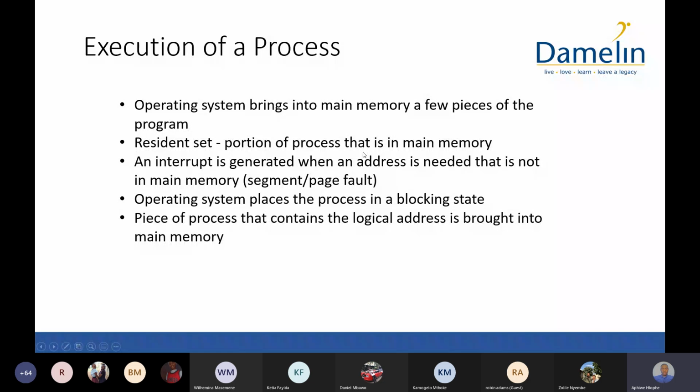what I'm saying here is that the operating system, they say the first thing that happens, brings into main memory a few pieces of the program. And I'm saying to you, why a few pieces? Why not everything? It may be forced or it may be done by default.